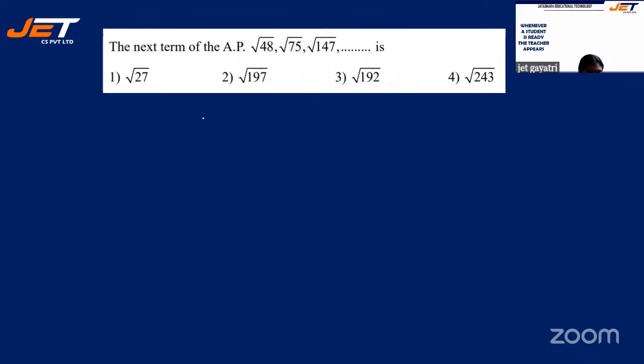So let us take the formula A plus n minus 1 into D. So A plus 3 D. Okay, so now what is A? A is root 48, and D is T2 minus T1.